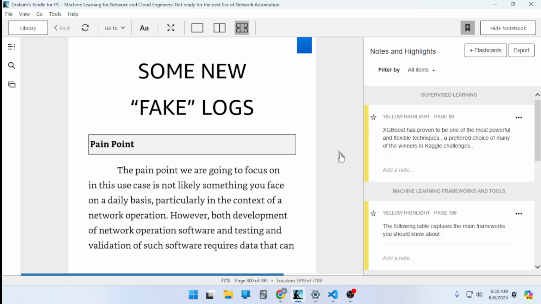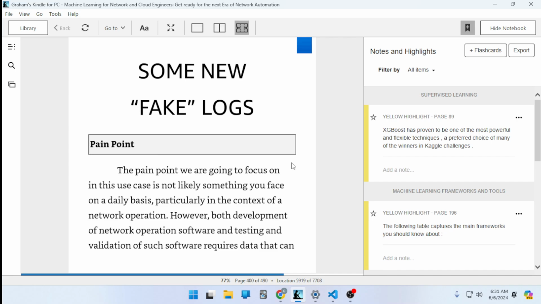Let's generate some new fake logs. Pain point. The pain point we're going to focus on in this use case is not likely something you face on a daily basis, particularly in the context of a network operation.